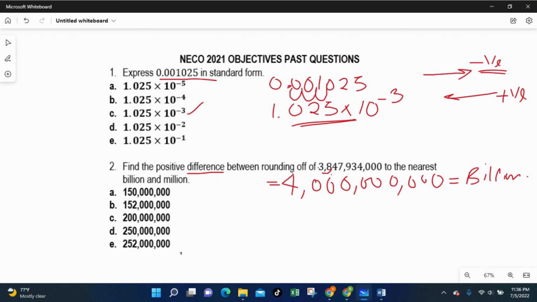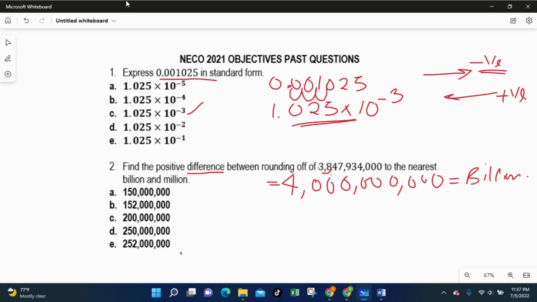Now we want to look at the value to the nearest million. This is 3,847,934,000.